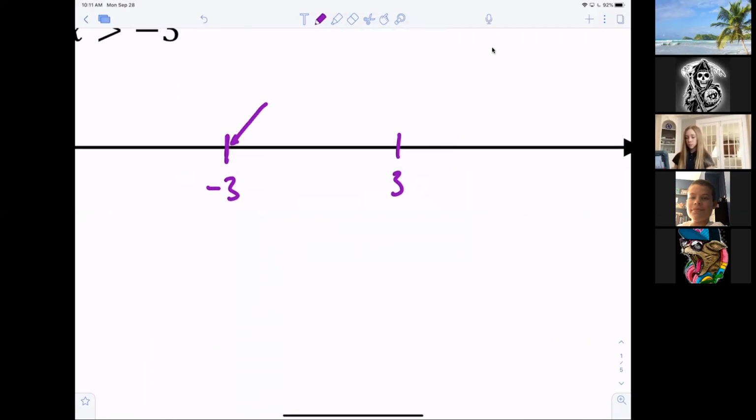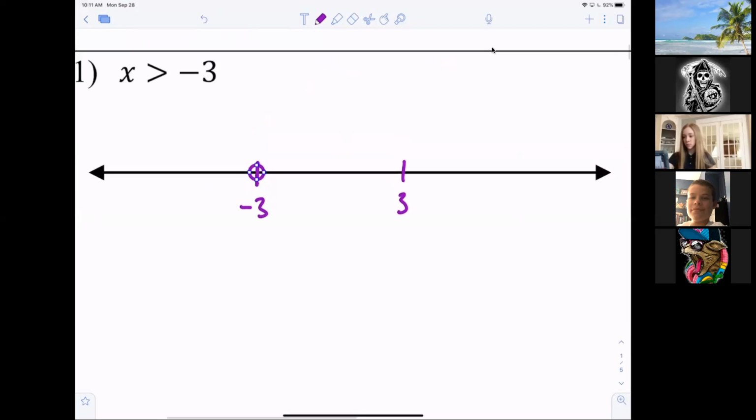Is there a first number greater than -3? No, because we could just do -2.99, and we could just keep adding 9s, and that would be greater. Does everybody understand what I'm saying? Because there is no first number greater than -3, that requires an open circle on -3. So everybody puts an open circle on -3.